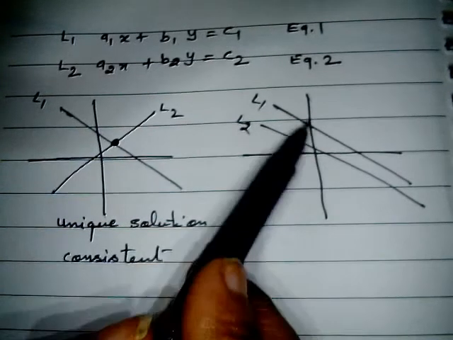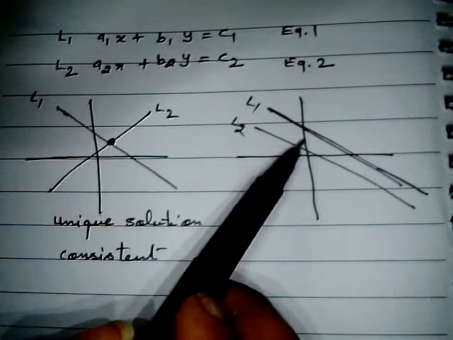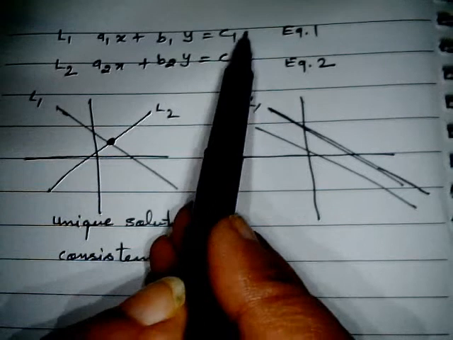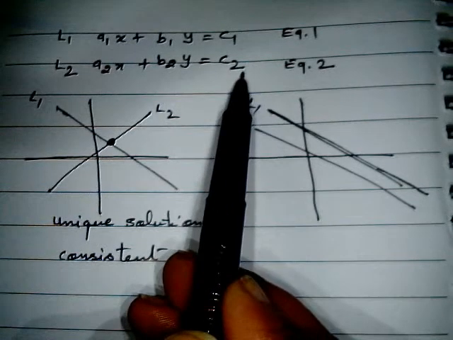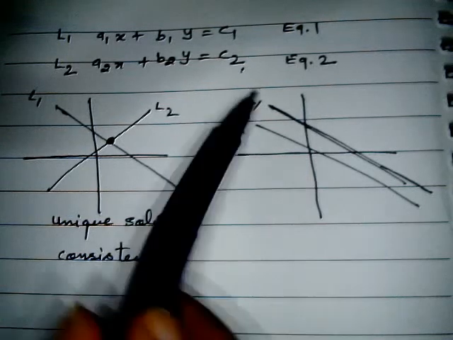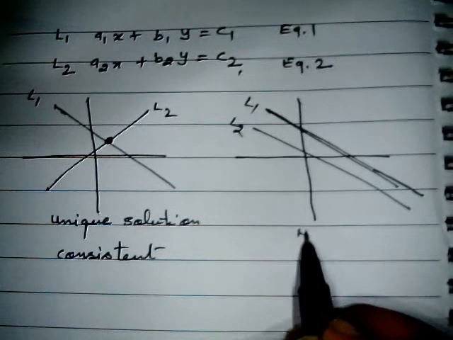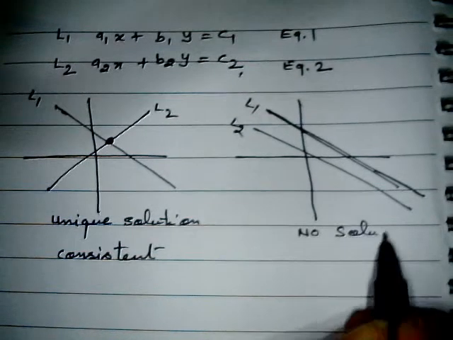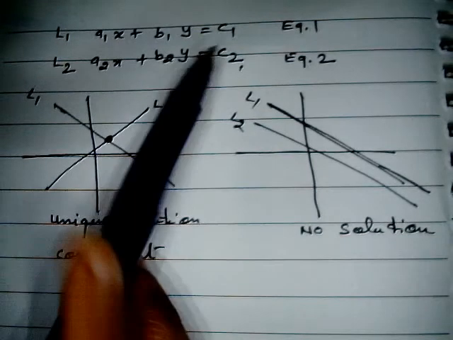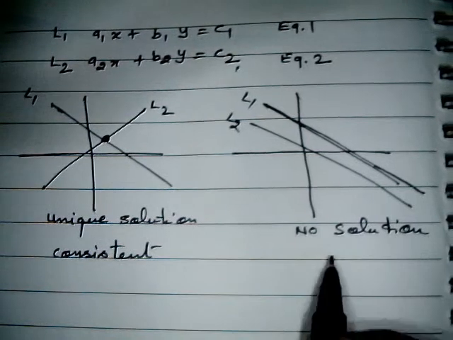When the lines are not intersecting, there is no common solution which could satisfy equation 1 as well as equation 2. If the lines are parallel, this is called the no solution case. You will not get values of x and y which satisfy both equations, so this is the case of no solution, and this is inconsistent.